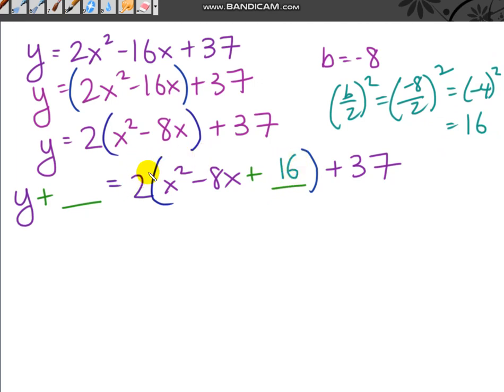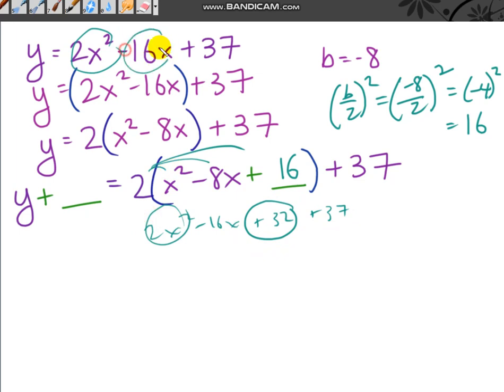Now this one is a little bit tricky. If we distribute this 2, we have 2x squared minus 16x plus 32 plus 37. We have an extra 32 compared to what we have here, here, and here.